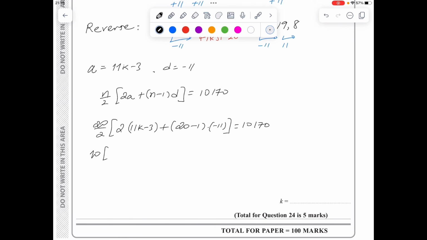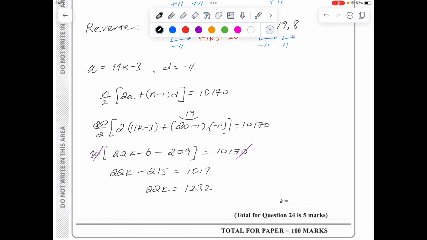So 10 times (22K minus 6 minus 209) equals 10,170, since 19 times minus 11 gives me minus 209. Now I can divide both sides by 10. So this will give me 22K minus 215 equals 1,017. 22K comes out to be 1,232. So if you divide this number by 22, K comes out to be 56.